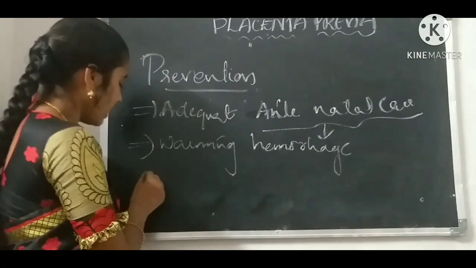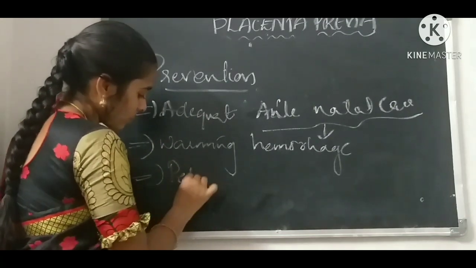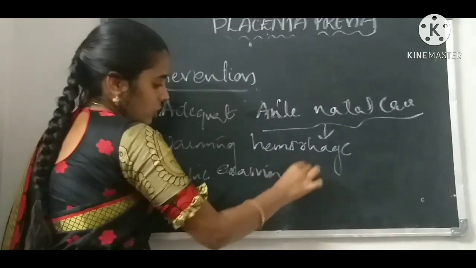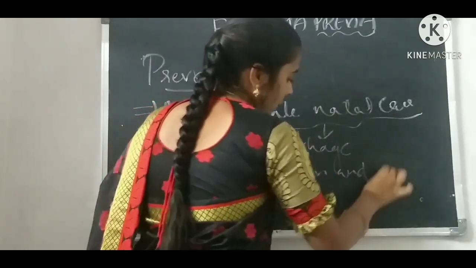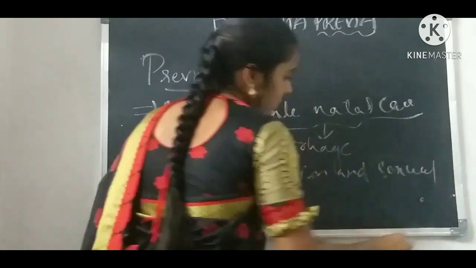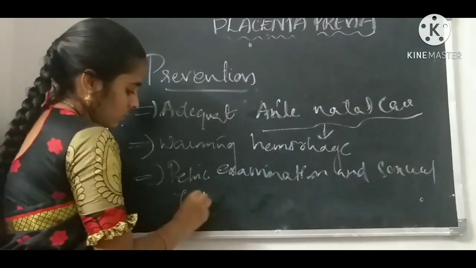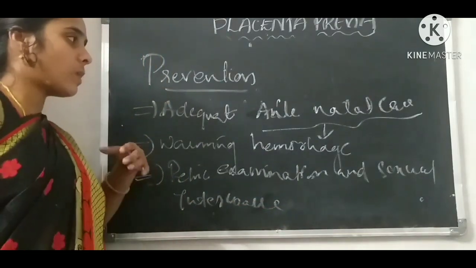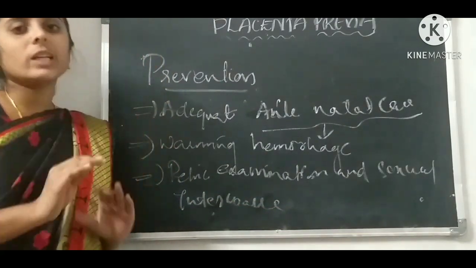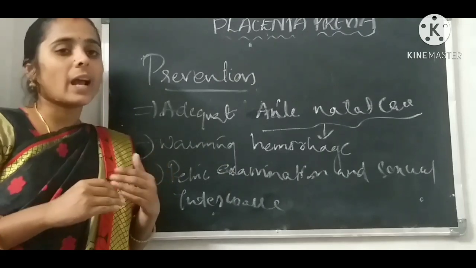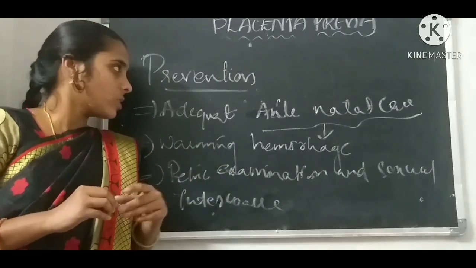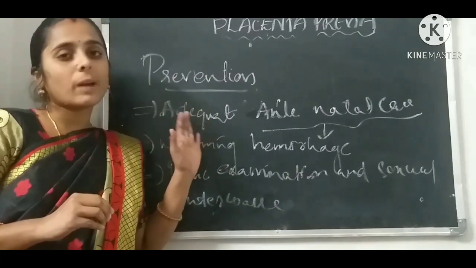Next, pelvic examination and sexual intercourse should be avoided. During placenta previa, sexual intercourse should be avoided, and no pelvic examination should be done. These are the prevention measures for placenta previa.